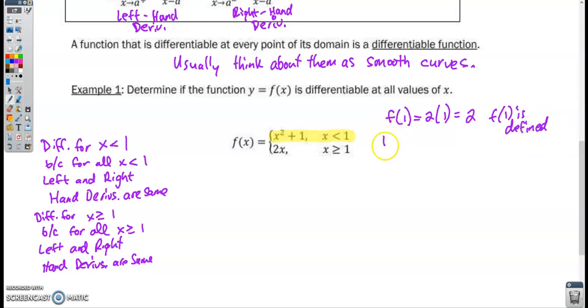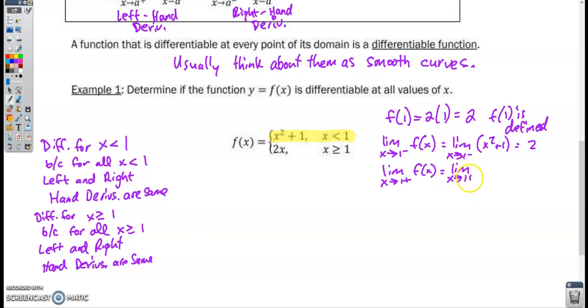And then if I take the limit as x goes to 1 from the left, that's equal to 2. And the limit as x goes to 1 from the right, that's equal to 2. Okay, so f of x is continuous.